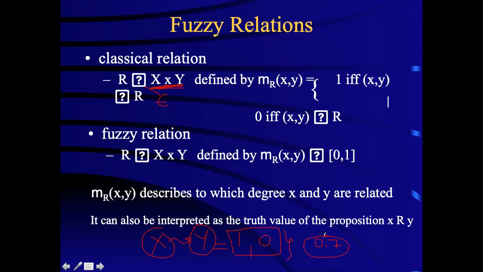Okay, that strength of relation can be defined on a scale of 0 to 1. Right? So a fuzzy relation R belongs to this domain X cross Y, such that the membership value of the relation, or the strength of the relation, represented by μ, belongs to the interval [0, 1].